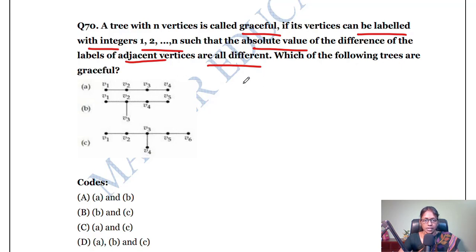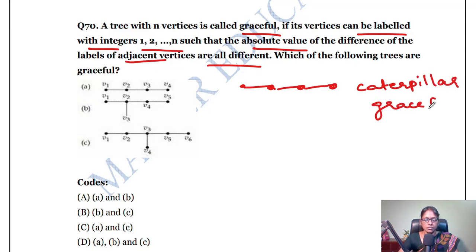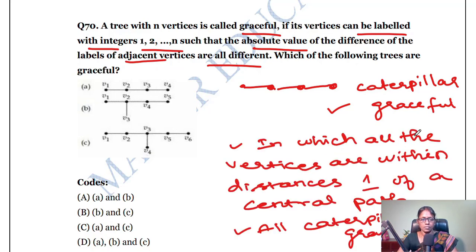Caterpillar tree, that is one vertex connected with an adjacent vertex. Okay, this is called a caterpillar or graceful tree. Graceful means caterpillar. From the center, it has only degree 1. A caterpillar tree is called a graceful tree in which all the vertices are within distance 1 of a central path.